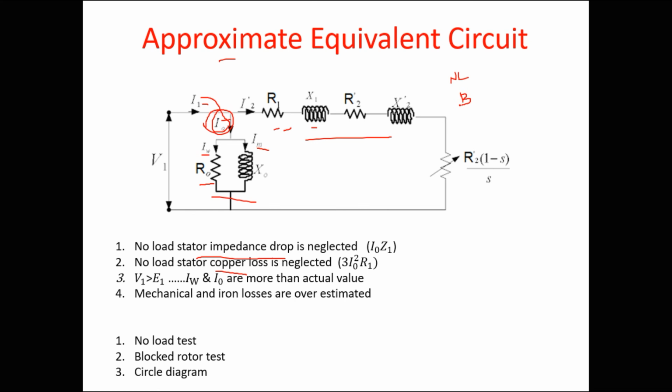If you include mechanical losses on the rotor side, we call that mechanical power gross mechanical power, or if you remove the mechanical losses from the rotor circuit, that mechanical power is called net mechanical power.